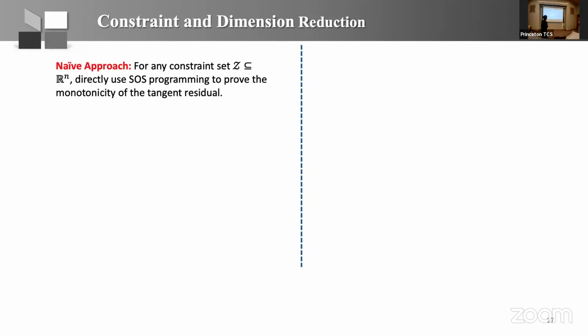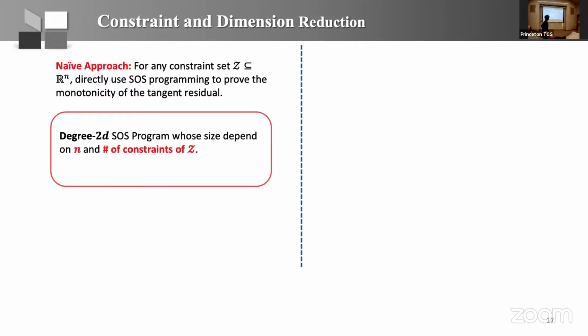Okay, so how do you actually use the SOS? In the unconstrained case, I think it's pretty clear, but in the constrained case, it's still a little subtle. So here's a naive approach. You say, hey, I have a constraint set Z. Let me use SOS. I can write down all the constraints of Z and try to solve the SOS.